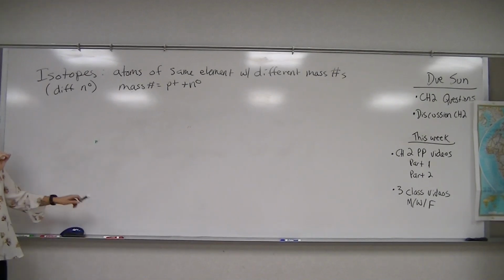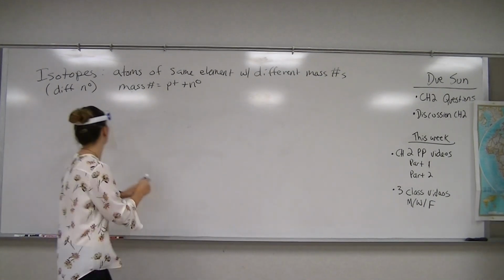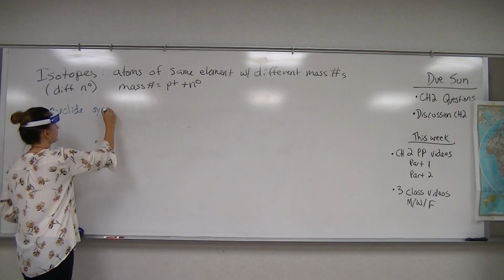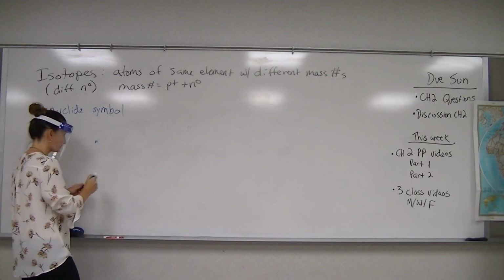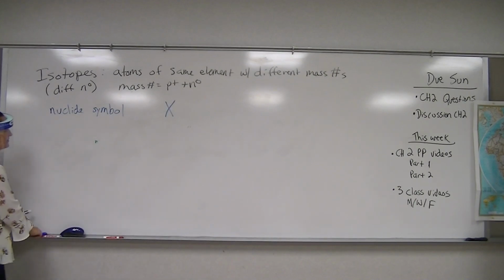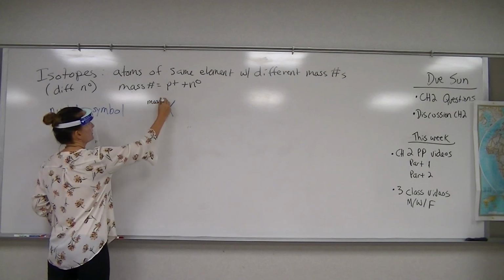Isotopes can be represented in two ways. One way is by a nuclide symbol. And that's where we have the element symbol represented where that letter X is. And then up here, we have a mass number.